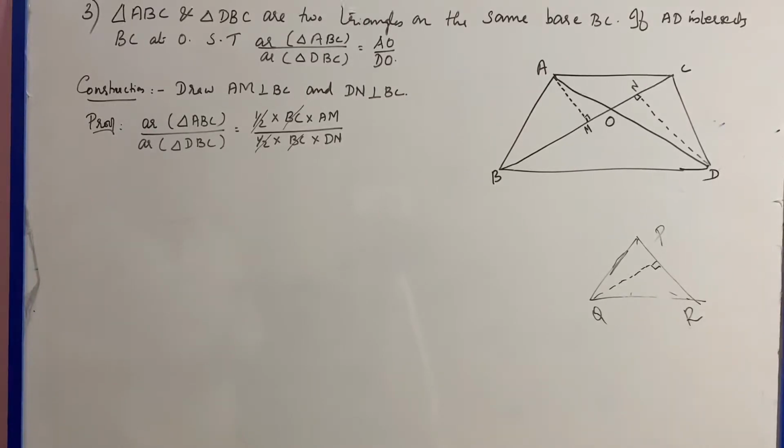That is area of triangle ABC by area of triangle DBC is equal to AM by DN. But we want area of triangle ABC by area of triangle DBC is equal to AO by DO.